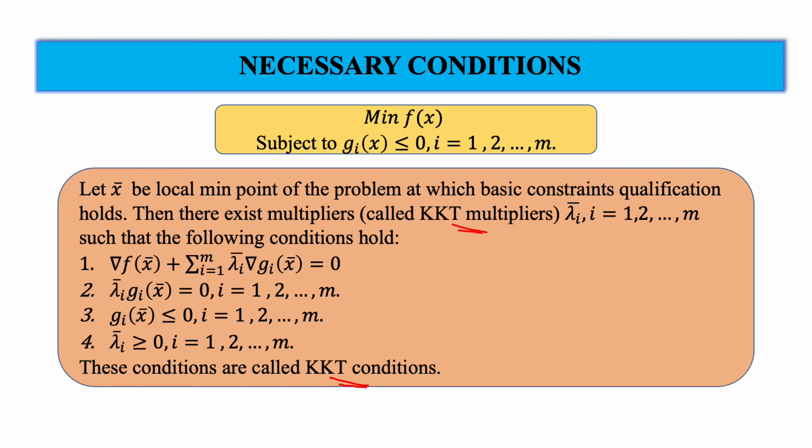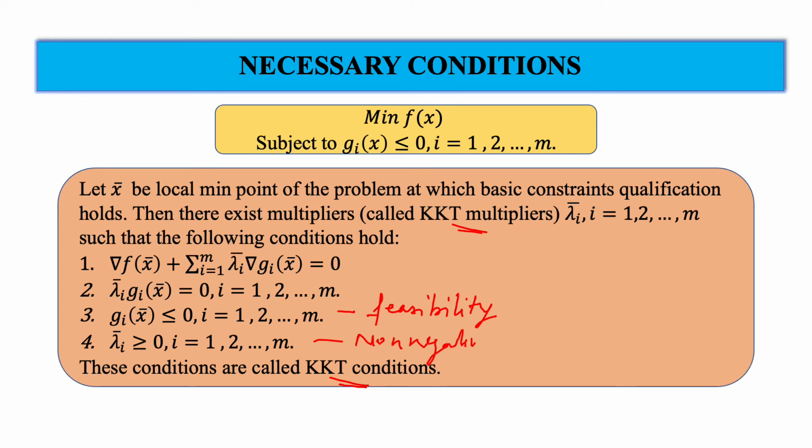Then g_i(x bar) should be less than or equal to 0. This is the feasibility condition. And the last is that all the multipliers lambda_i bar must be non-negative for all i.